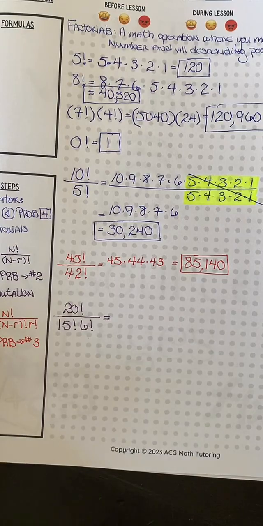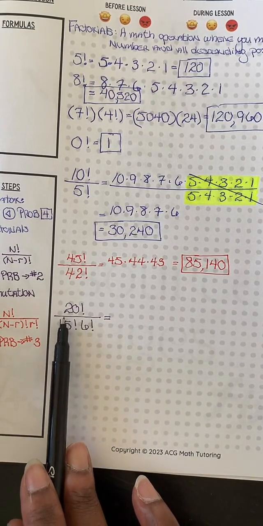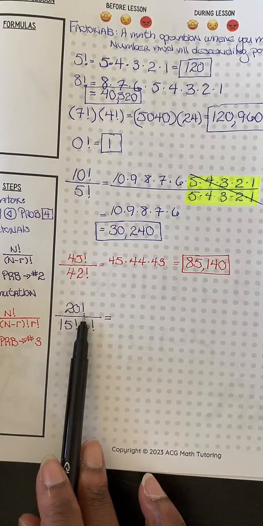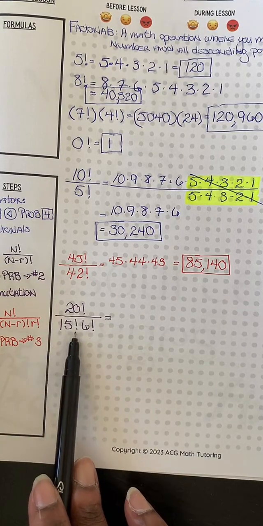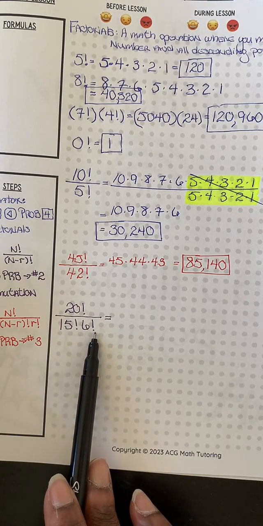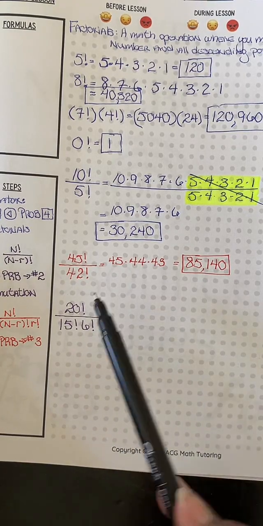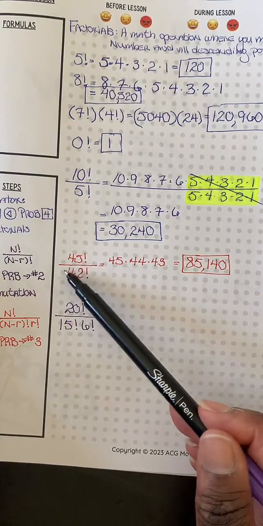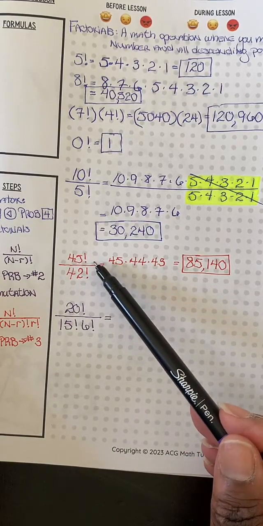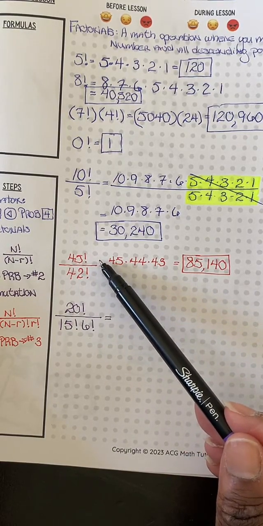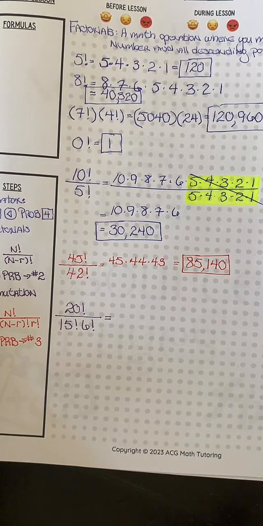All right. So now we have 20 factorial over 15 factorial times 6 factorial. Now, like I mentioned, my denominator can cancel out with part of the numerator when it comes to factorials.